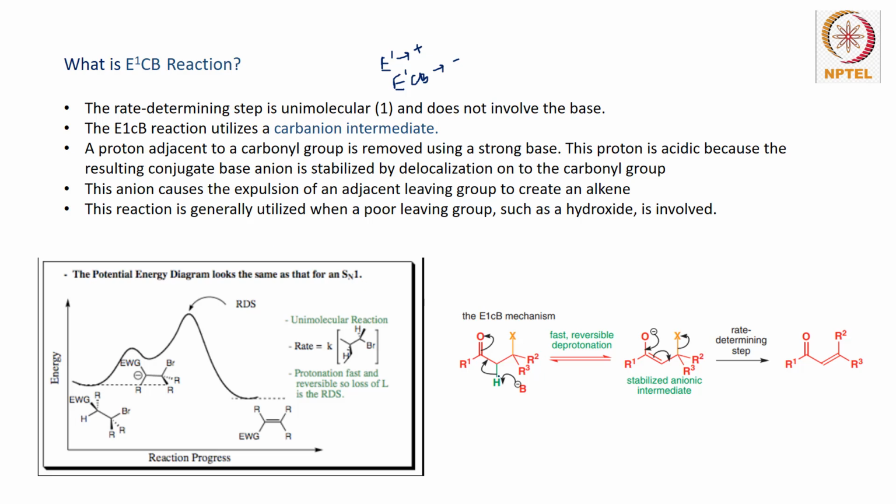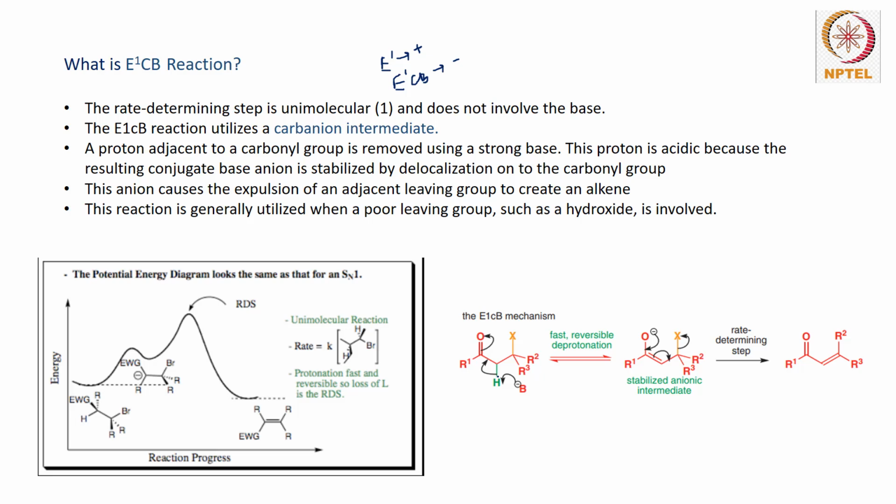First, the proton gets removed by a strong base, which is adjacent to the carbonyl group. To eliminate a hydrogen atom or H plus from a system, that H plus should be acidic enough. That is, after elimination of this H plus, whatever anion is generated should be somewhat stable. Otherwise, it will be difficult to remove hydrogen from a system.